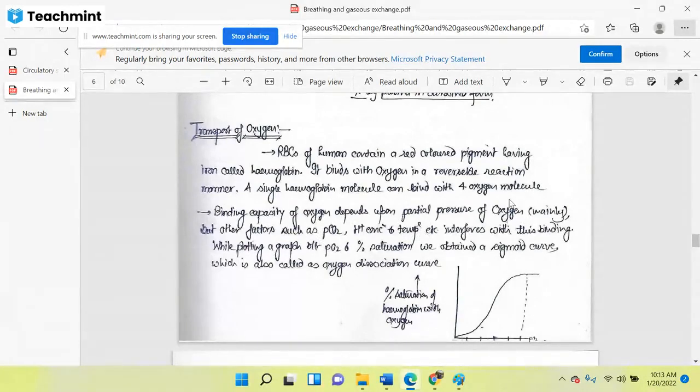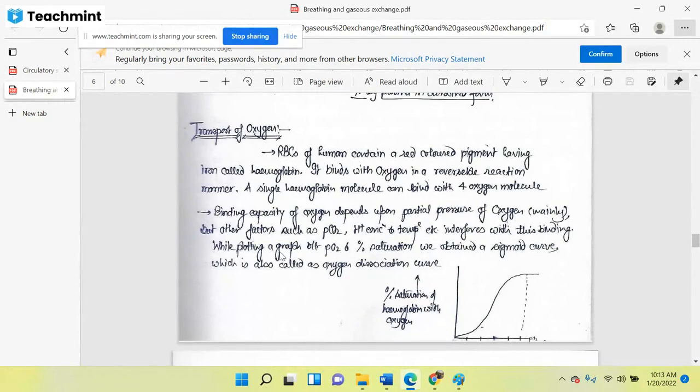If the partial pressure of the oxygen is high, it will promote the binding, and in certain conditions the PCO2, hydrogen ion concentration, and temperature also play an important role, as when their concentration becomes different, they interfere with the binding.